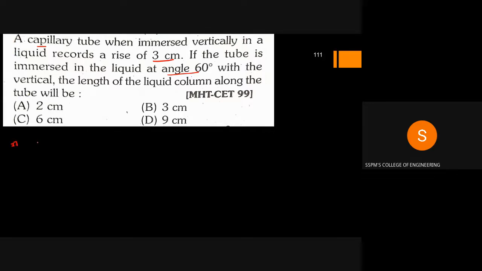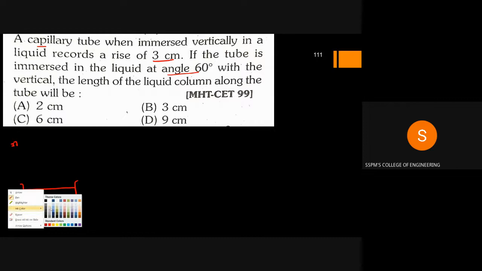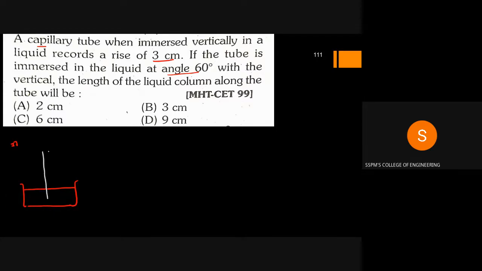the tube is immersed vertically and the liquid rise in this tube.